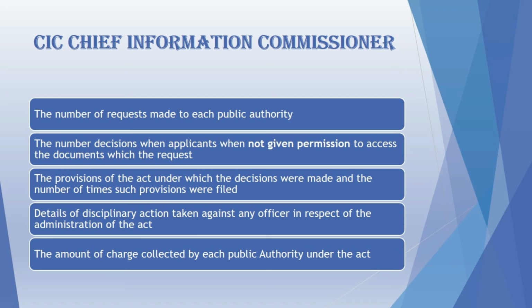The third point is details of disciplinary action taken against any officer in respect of the administration of the act. The fourth point states the total amount of charges collected by each authority under this act. So this is nothing but a review system which is done by the CIC.